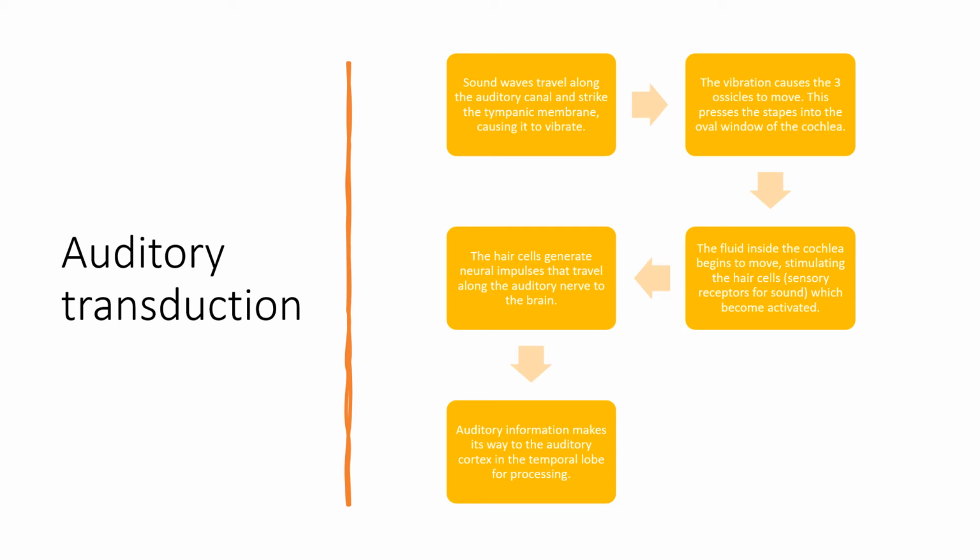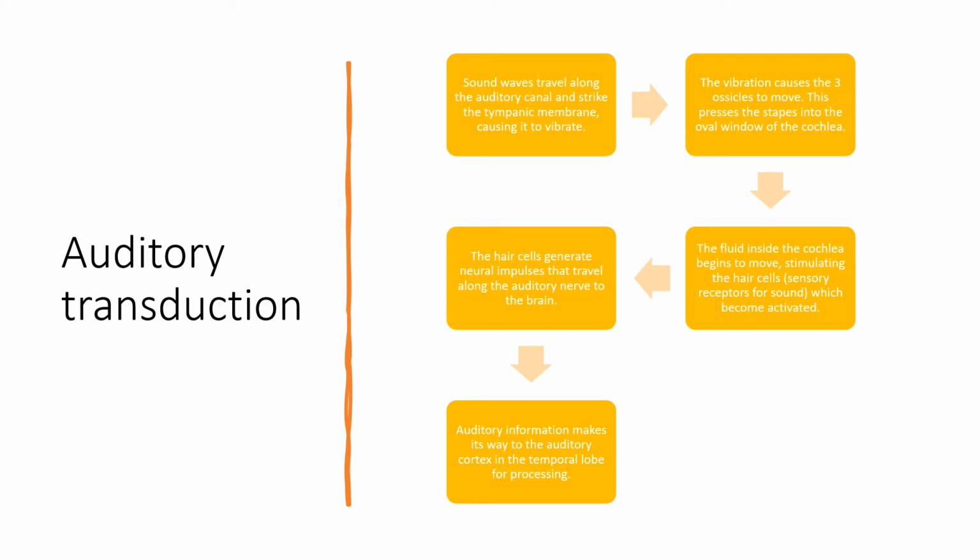Now, you might ask yourself, what do I need to know for test number 2 from this information? Do I need to know every single detail of this? For a student in psychology, I think it's important for you to have an understanding of the overall process, but you do not need to know specific details.